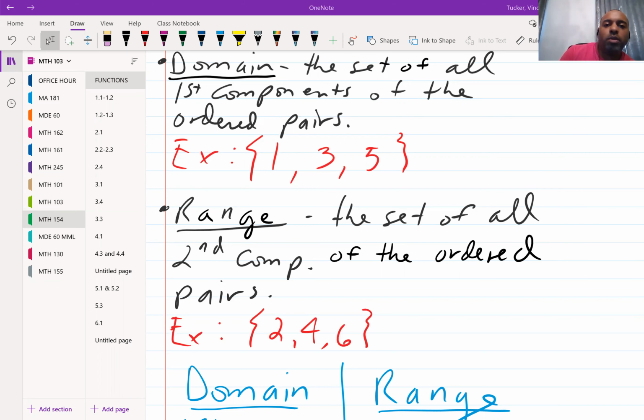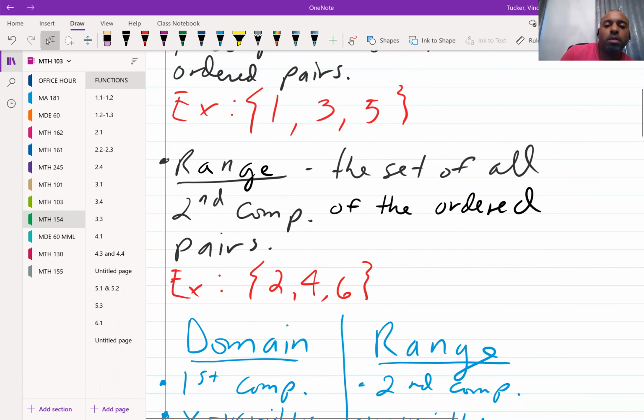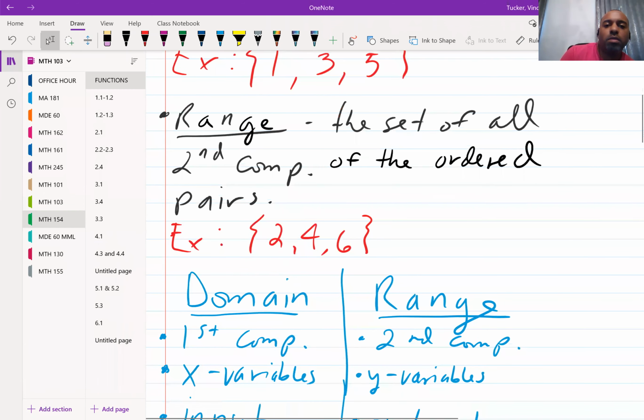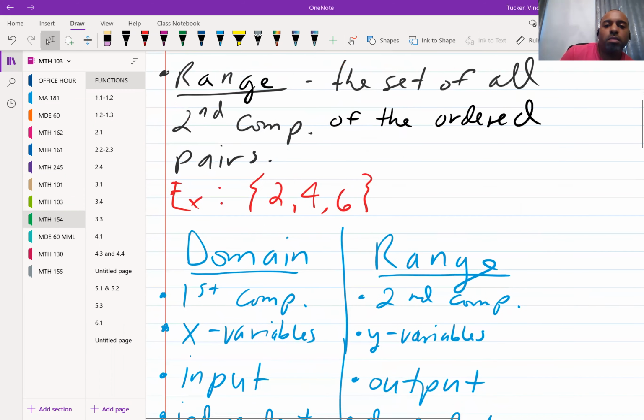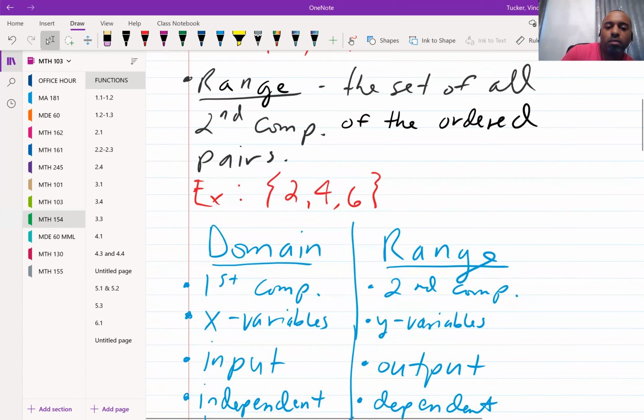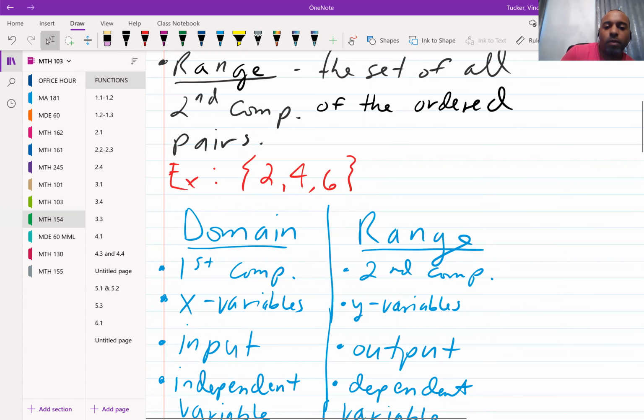All right, are we okay with domain? All right, so differences between the two in all comparisons. We already mentioned that it's the first component versus the second component when we're looking at domain and range. That means your domain will be your X and your range will be your Y. Domain is your input, range is your output.